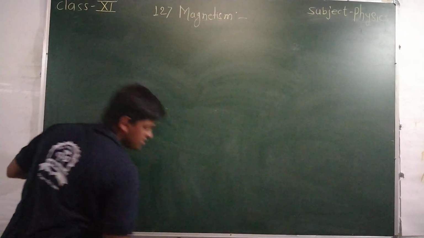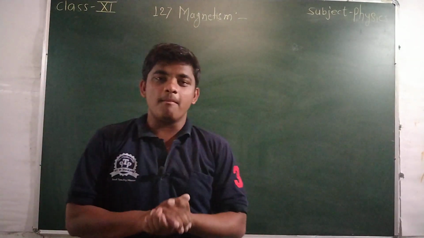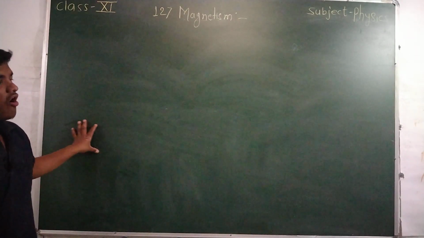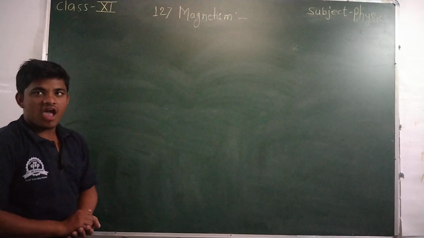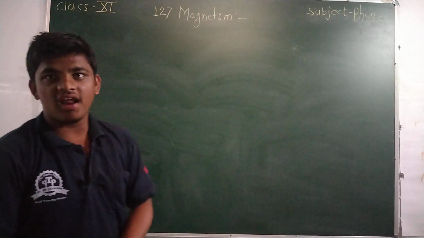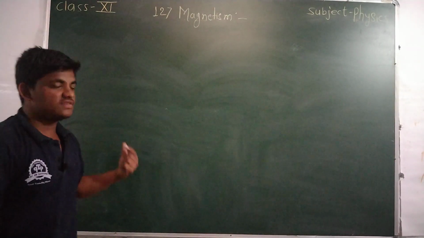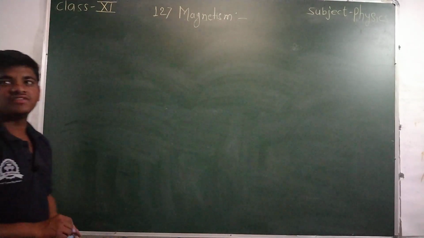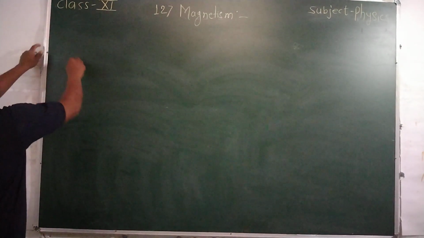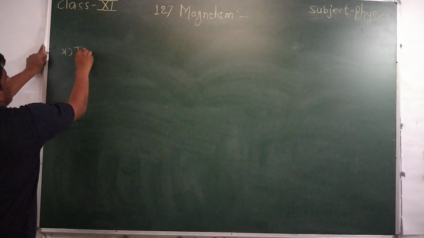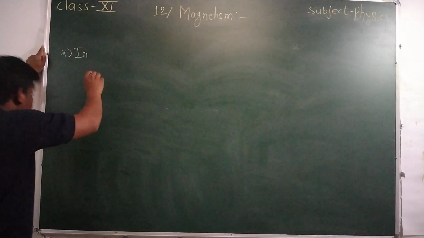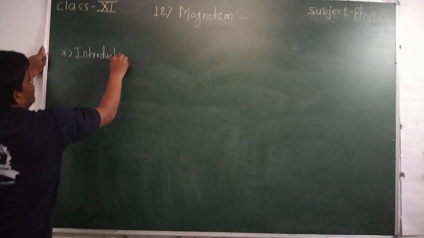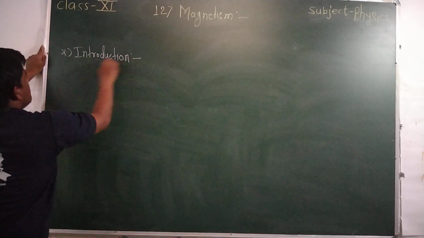In these lectures, we will discuss what magnetism is and how it was discovered or invented. In history, earlier than 600 BC, this is all about the history of magnetism. The introduction of magnetism.